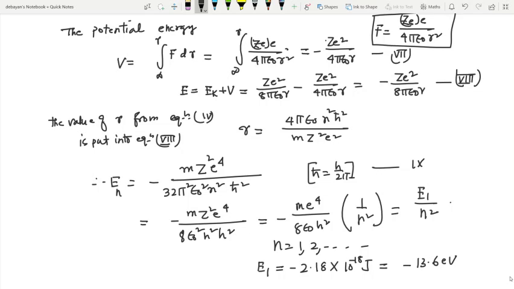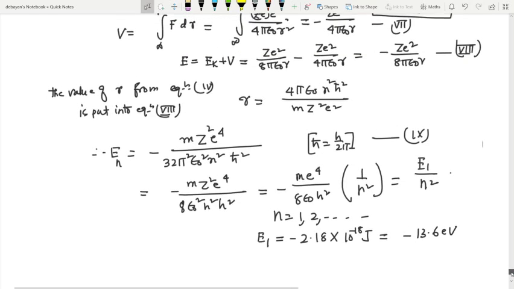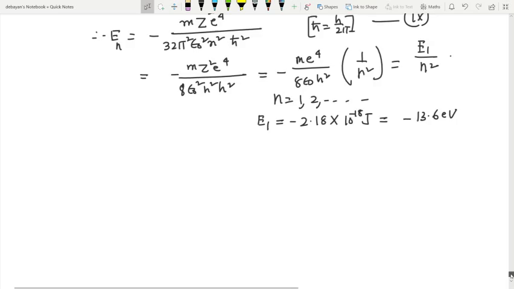From equation number 9 we will get the corresponding energy.